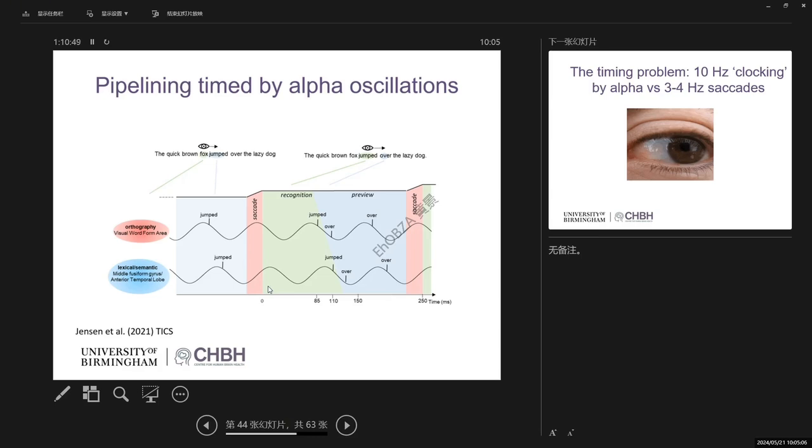So there are these power modulations of the alpha oscillations, but I think what we have to get more serious on is investigating the phasic element of the alpha oscillations, in particular when we're operating on this fast time scale.